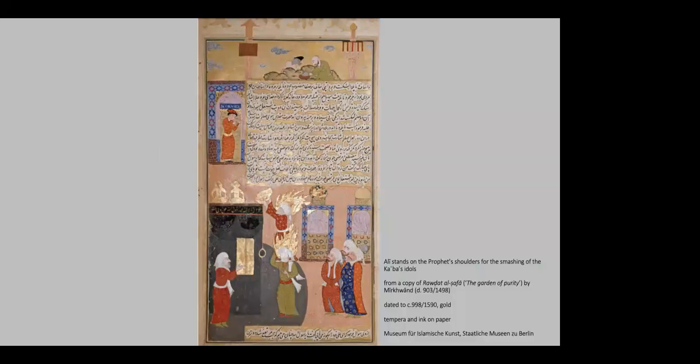In a Shia narrative from the 15th century, Hubal is smashed and thrown down by the Prophet's cousin and son-in-law, Ali, seen here. So you can see Ali standing on the Prophet's shoulders, lifting up some of those statues.